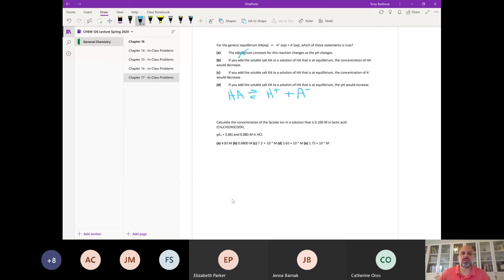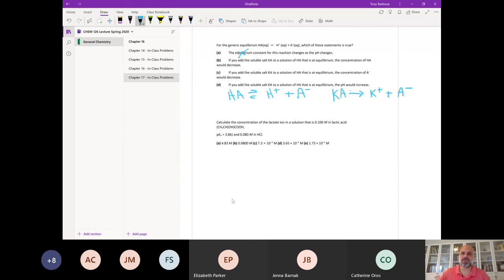All right, so we go through B. If you add Ka to a solution of HA that is at equilibrium, the concentration of HA would decrease. So let's see. If we take Ka and dissolve it in water, we end up with dissociation, K plus and A minus.